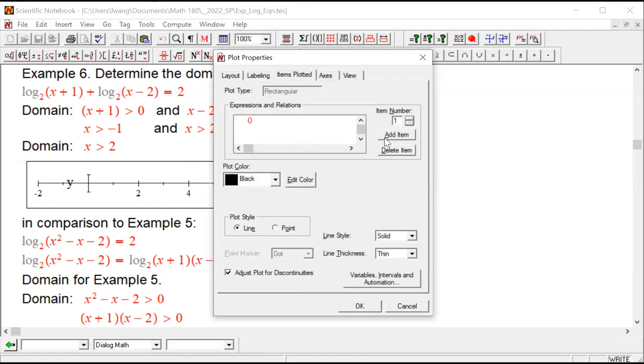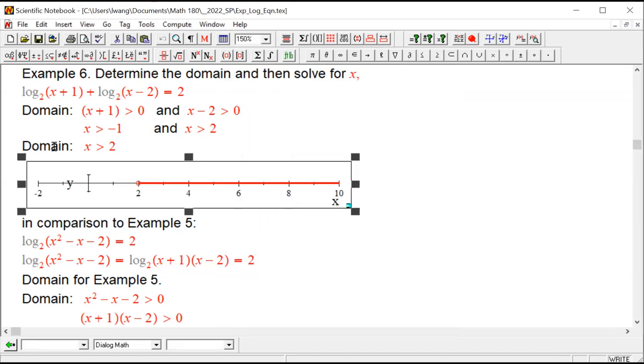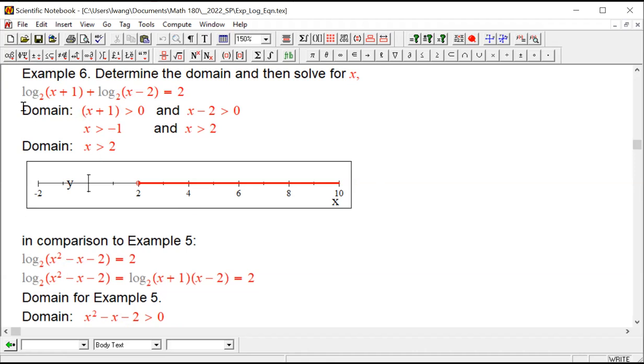Okay, so let me graph this before I show you any further, right? So for the domain, that red piece, and there's a circle. We have a red circle here. So that's the domain for example 6. And if you look at the picture, you still remember the picture, right?